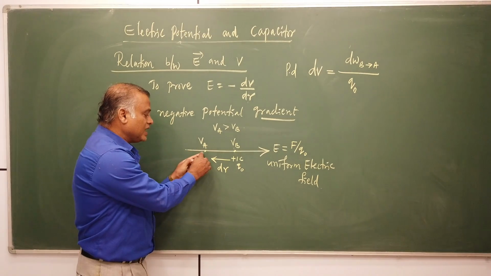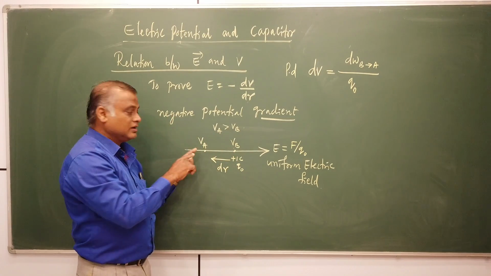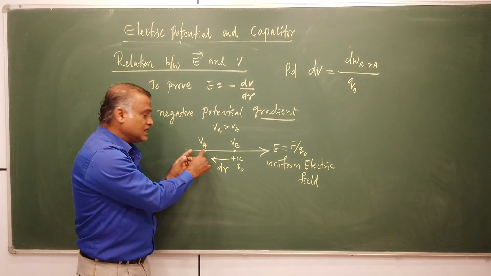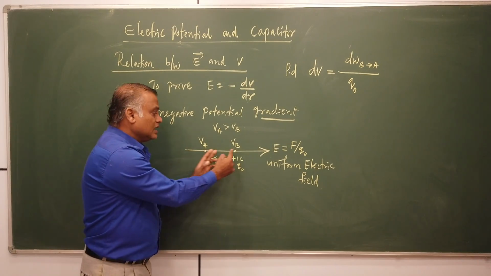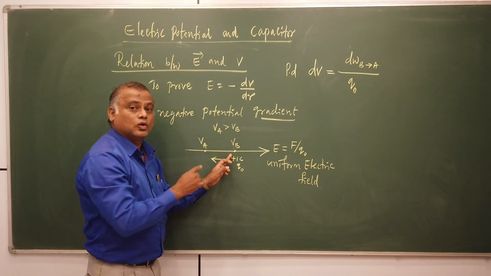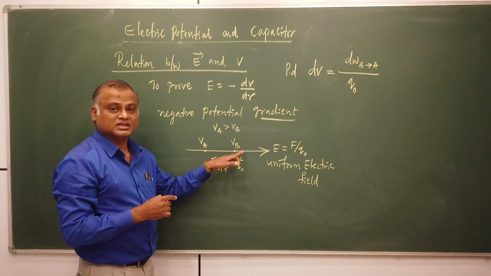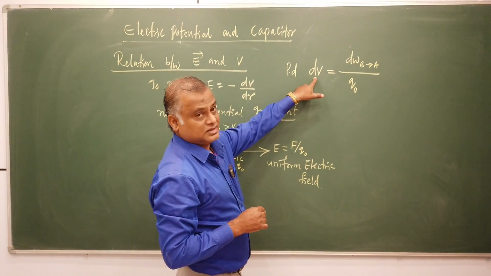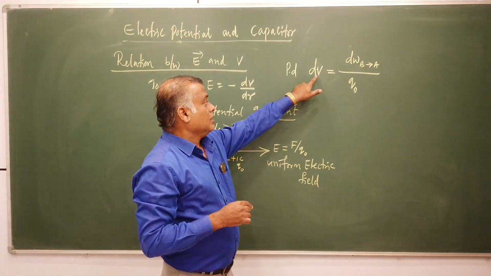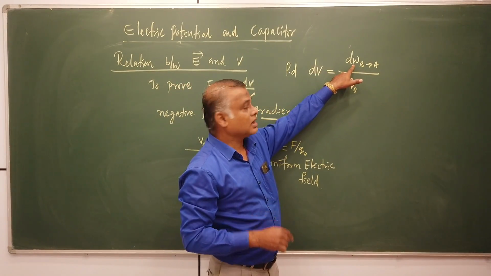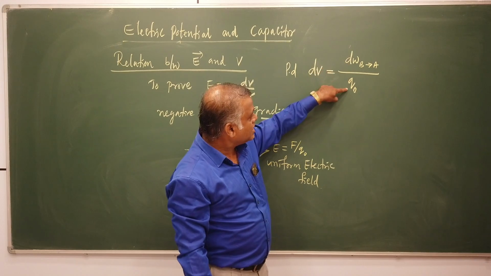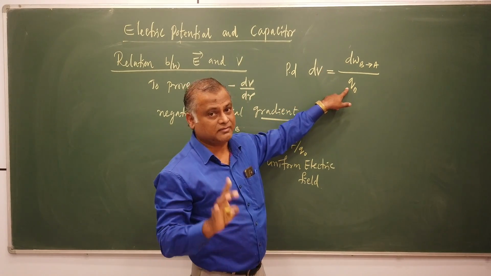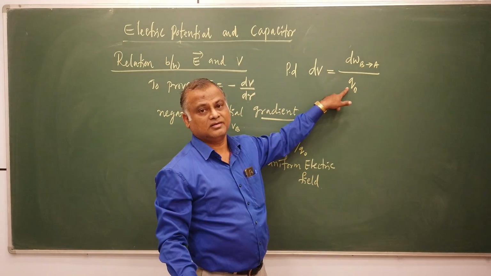Suppose VA is 5 volt and VB is 10 volt, what is the difference? You cannot write 5 or 10. No, wrong. VA should be at higher potential, say 100 volt. Let us say B is at 70 volt. 100 minus 70 is 30. So that is the potential difference. Amount of work done per unit charge. I repeat, this word is very important.